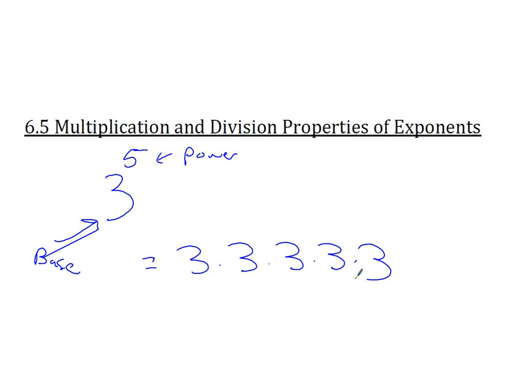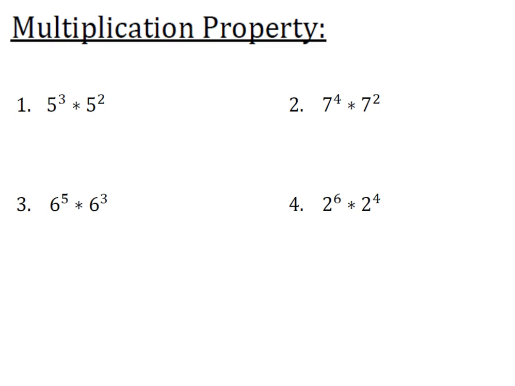Okay. Today we want to talk about what happens when we multiply or divide things with exponents. For the first example, we have 5 to the 3rd times 5 to the 2nd power, which we say is 5 squared. I'm going to start with 5 to the 3rd, and that means 5 times 5 times 5.